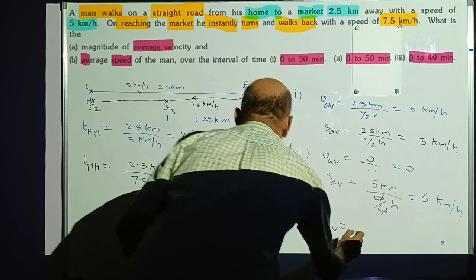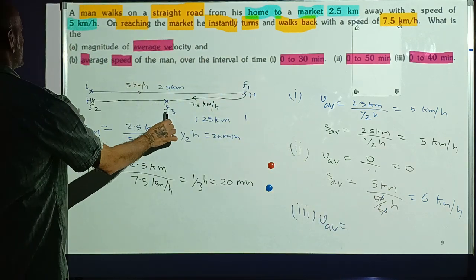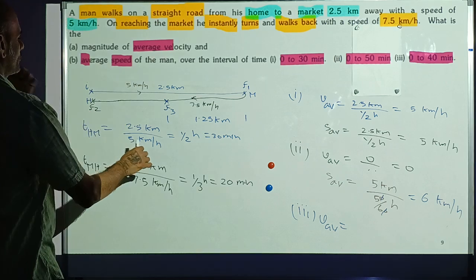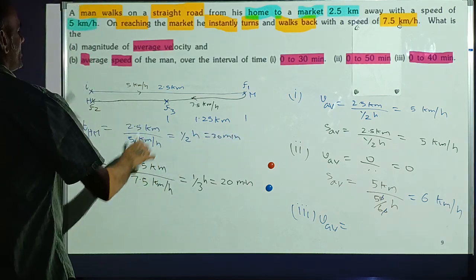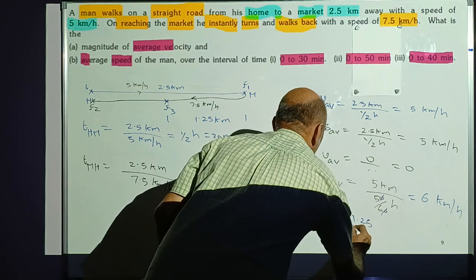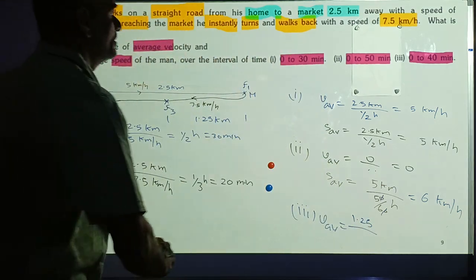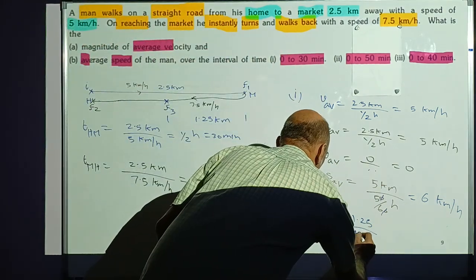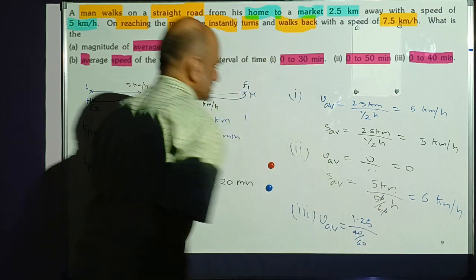Third part, the average velocity is the displacement. That is how far the final position is from the initial point, which is 1.25 kilometers. The time is 40 minutes, so in hours it is 40 by 60 hours.